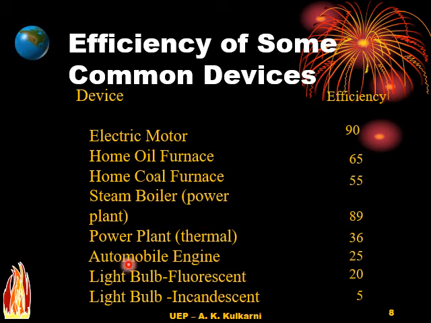Is it clear? In the case of automobiles, check it out, 25% efficiency. The automobiles are 25% efficient, and whatever waste gases we produce through these automobiles are the losses. And in the case of fluorescent lamps and incandescent lamps, the efficiency keeps on decreasing.